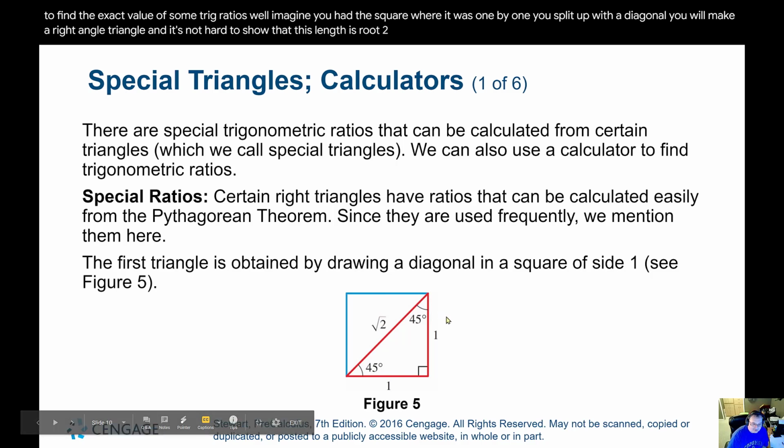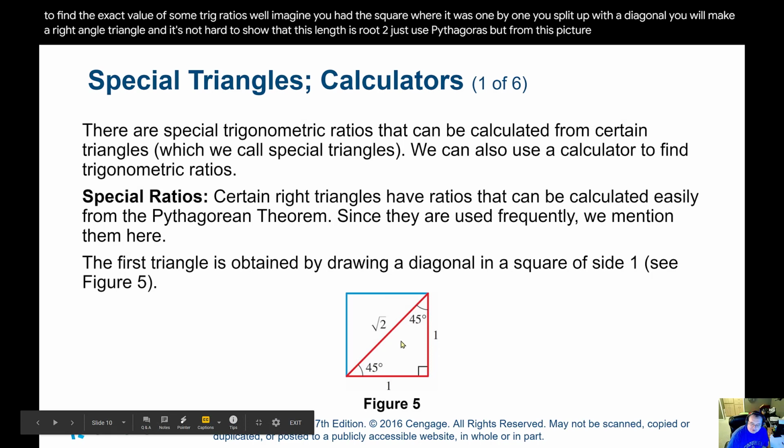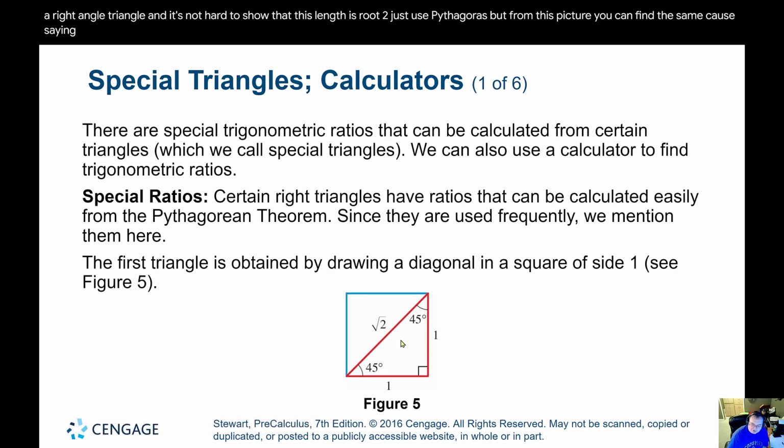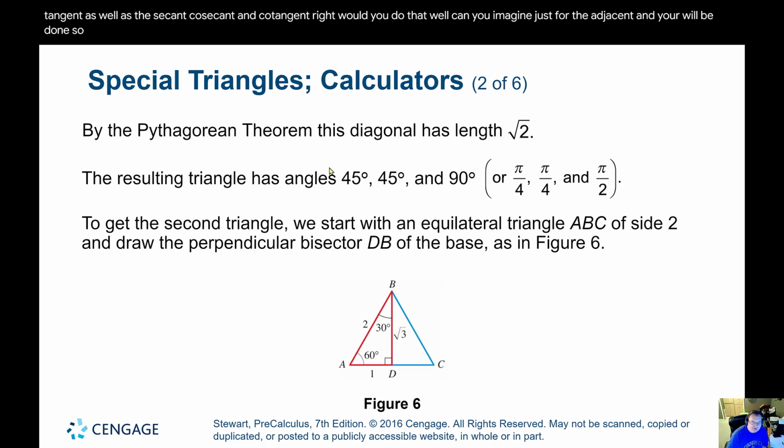Just use Pythagoras. But from this picture, you can find the sine, cosine, tangent, as well as the secant, cosecant, and cotangent. Well, how would you do that? Well, can you imagine just doing opposite over adjacent, and you would be done. So that particular triangle allows us to get all the 45s.